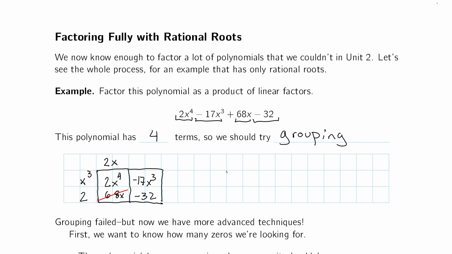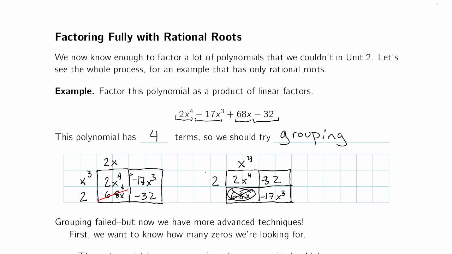Let's see. I've tried grouping the 2x with the negative 17 and with the 68. Let's try putting it with the negative 32. I don't think that's going to work either. Right, I've got a 2 here, and this is an x to the 4th, and that's not a factor of this.